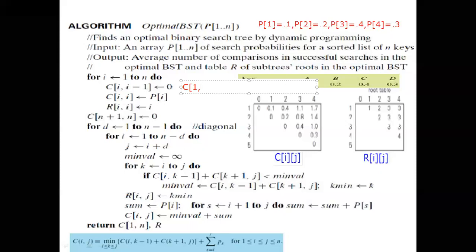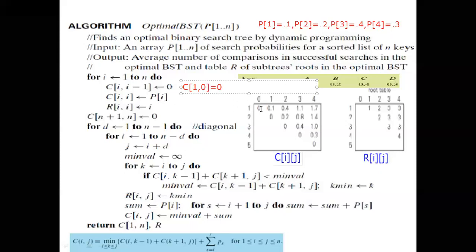I is 1, minus 1 it is 0, so C of 1, 0 is assigned 0. That means 1, 0 is getting a value as 0. You see here, 1, 0 is getting a value as 0.